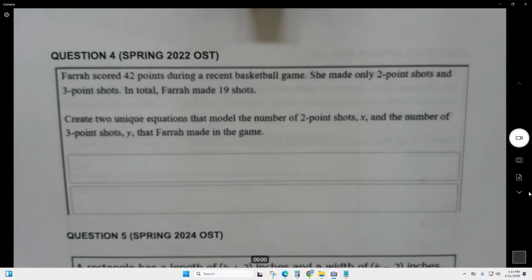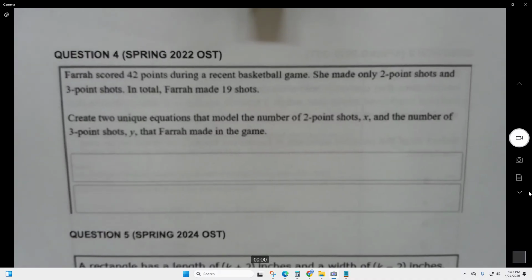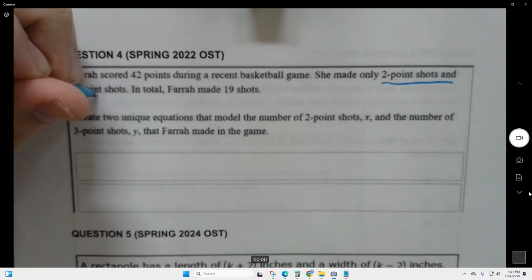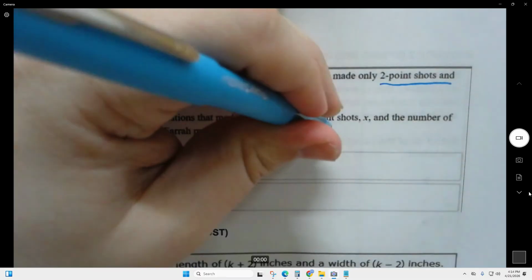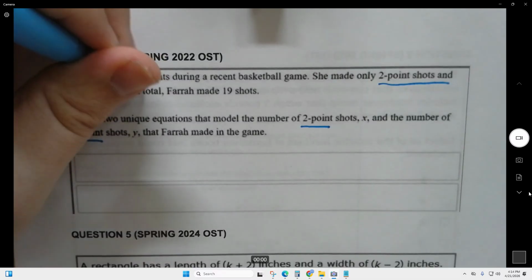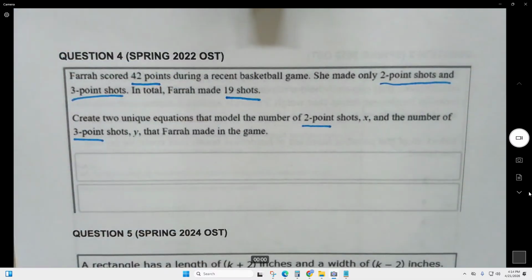Okay, so they're looking for 2 equations, and this is what I like to call a 2 totals problem. We have 2 different types of totals. We have number of shots, and we have number of points, okay? 2 points, 3 points. They scored 42 points and made 19 shots.